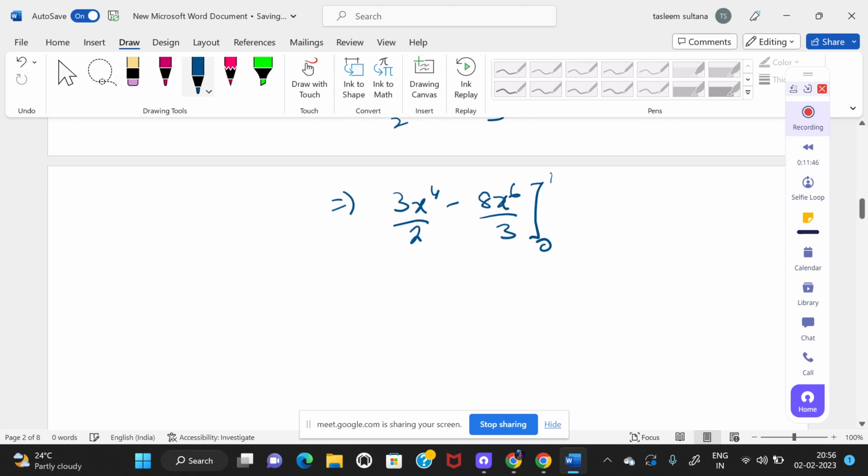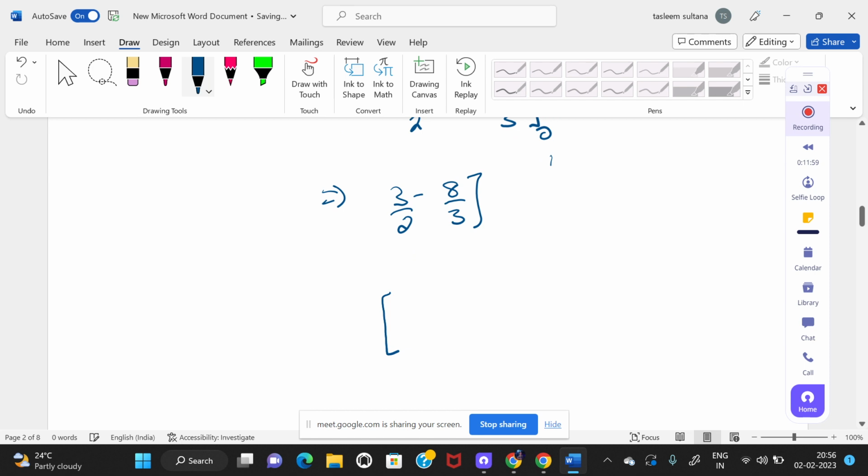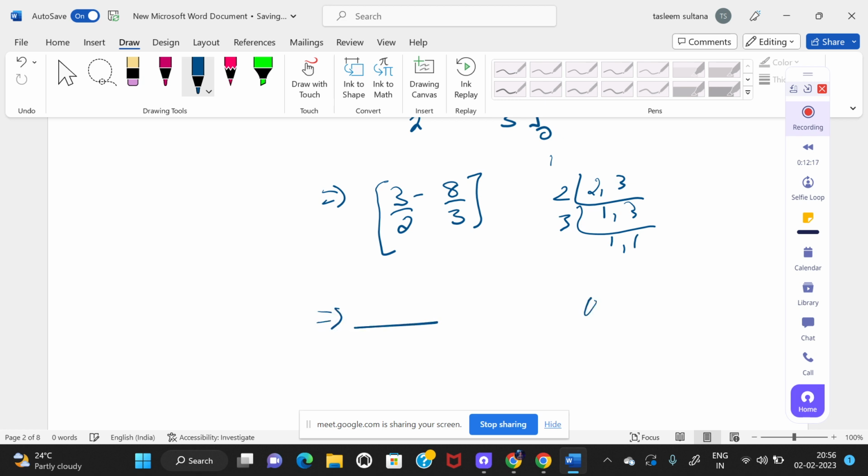When I substitute the limits, the lower term will become completely 0. So simply I'm going to get 3 by 2 minus 8 by 3. What is the LCM of 2 and 3? Ma'am, 6. 2 and 3 LCM is equal to 6. When you make it a common denominator, what you have to follow?